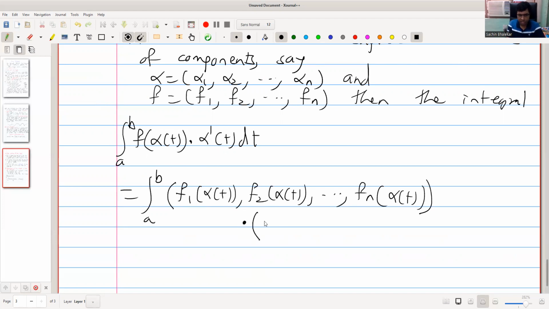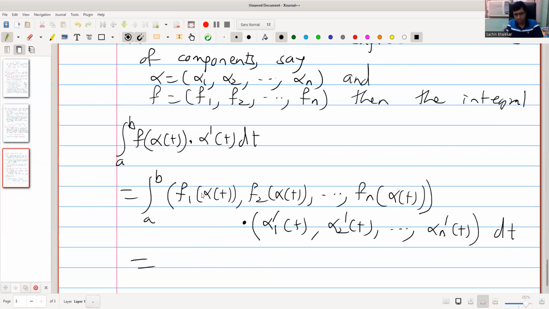Its components are alpha 1 dash of t, alpha 2 dash of t, and so on, alpha n dash of t. Now the dot product of two vectors is component-wise multiplication and then sum.